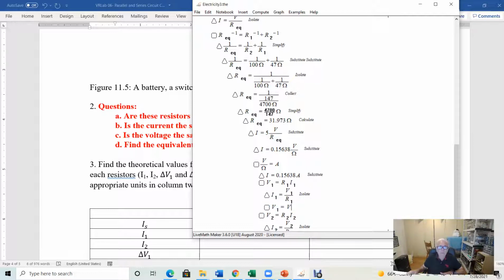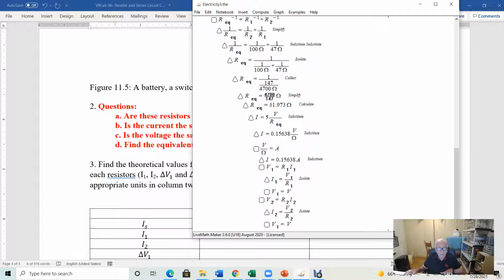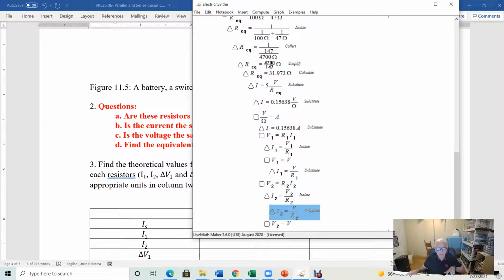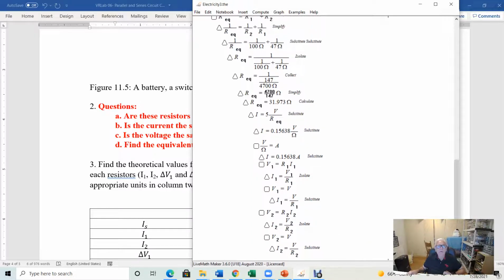V1 is equal to V. V2 is equal to V. Like that. V is equal to 5 volts.